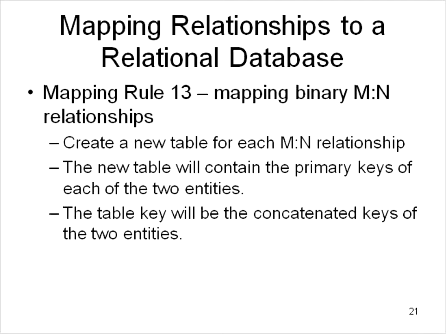So we'll start off with mapping the binary M-to-N relationship, because in a way I treat that as the easiest one to map. What we do is create a new table for each M-to-N relationship, and the new table will contain the primary keys of each of the two entities, and the key of this table will be the concatenated keys of the two entities.